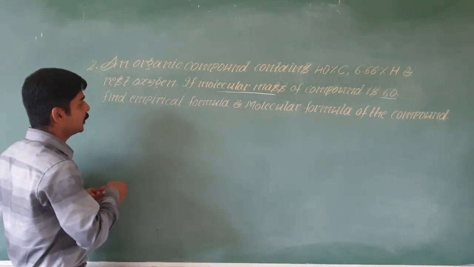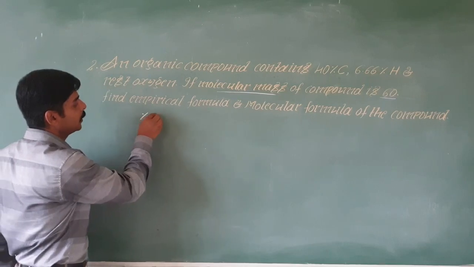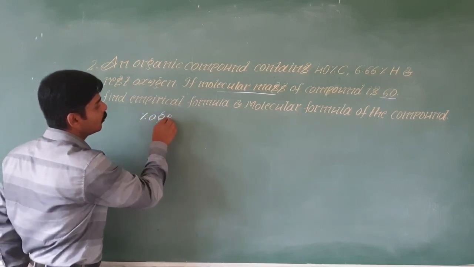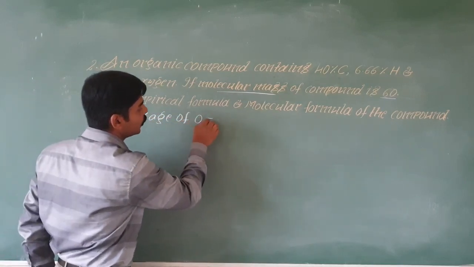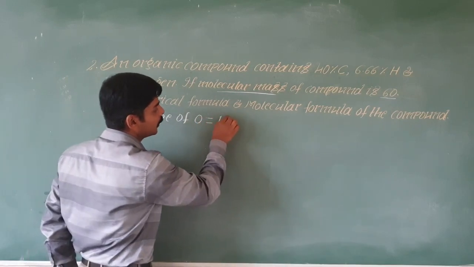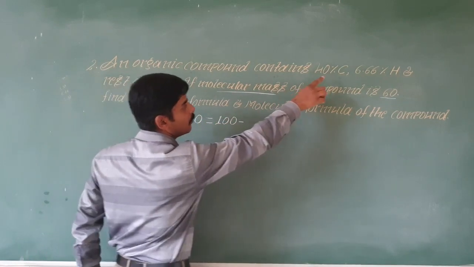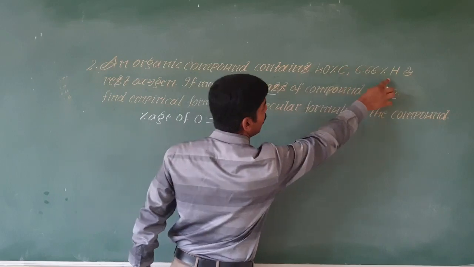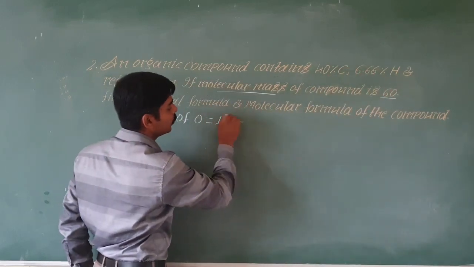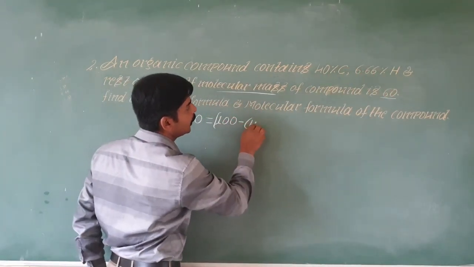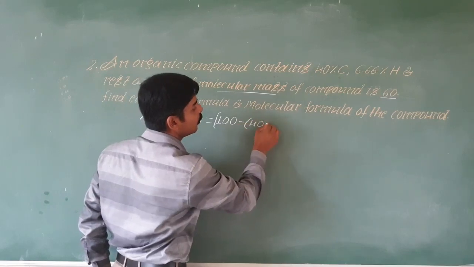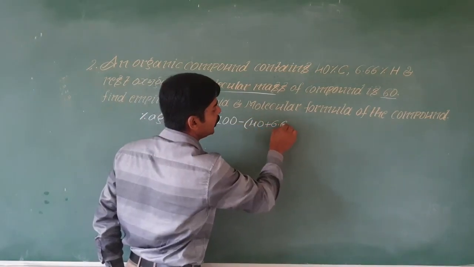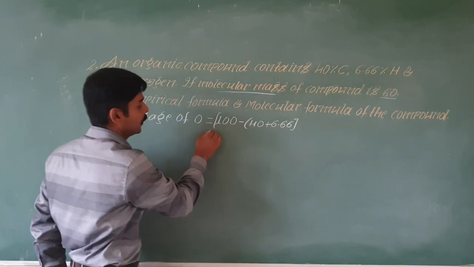So how will you find the percentage of oxygen? You must subtract the sum of the percentage of carbon and hydrogen from 100. So 100 minus 40 plus 6.66.